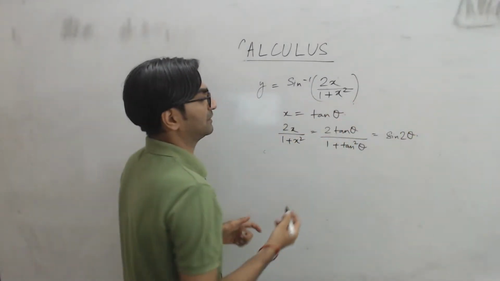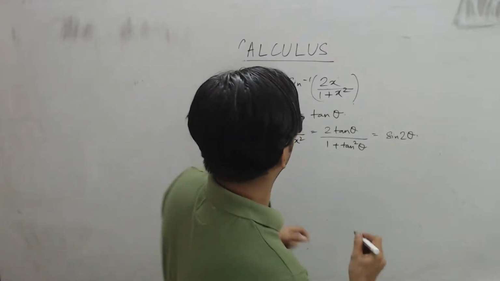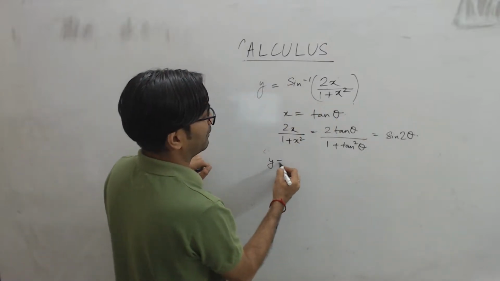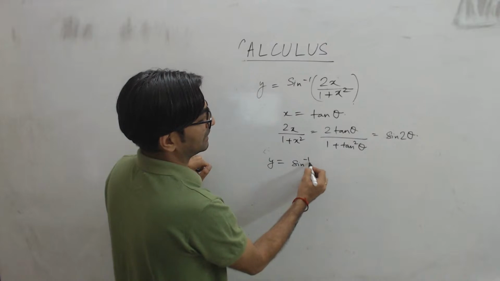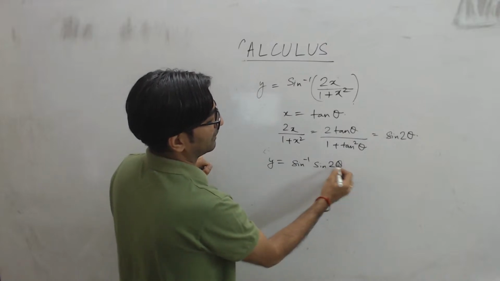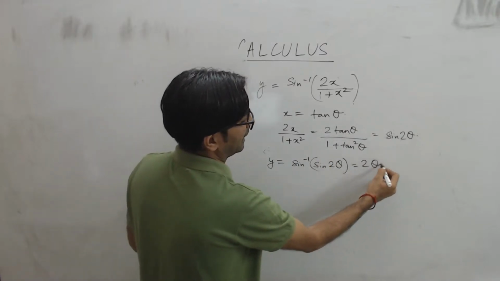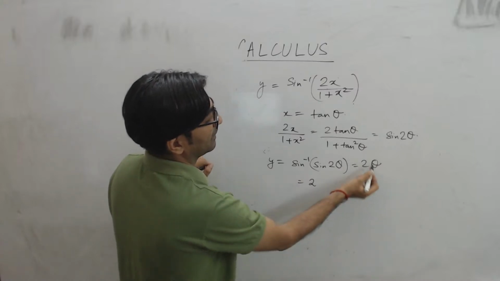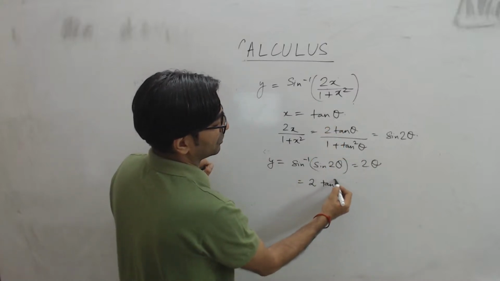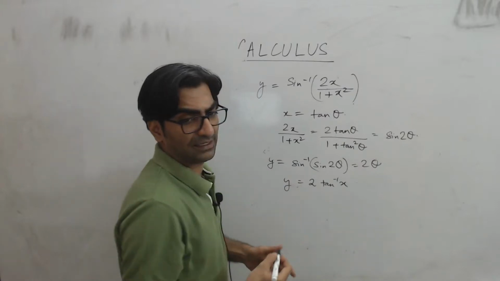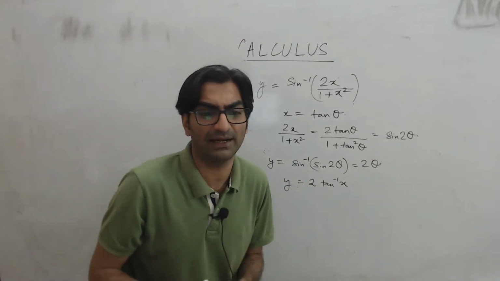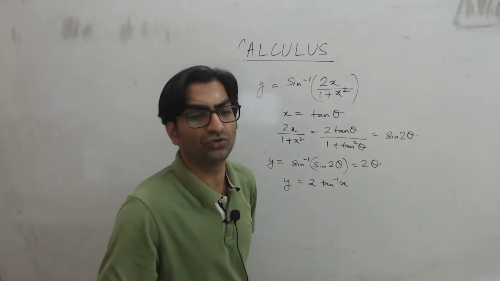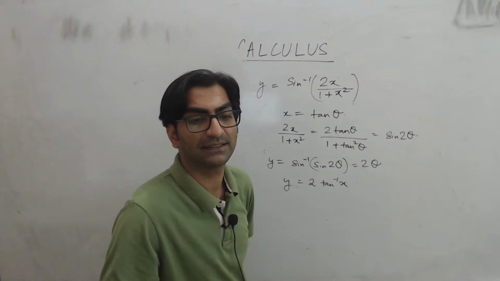Yeah, so that's the first thing I know, right? So if I substitute that, then what will y become? y will become sine inverse sine 2 theta. So that's like 2 theta, which means that will be 2 times, what is theta? Tan inverse of x. So by our substitution, we end up getting 2 tan inverse x.